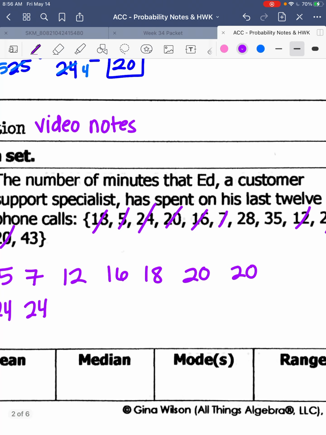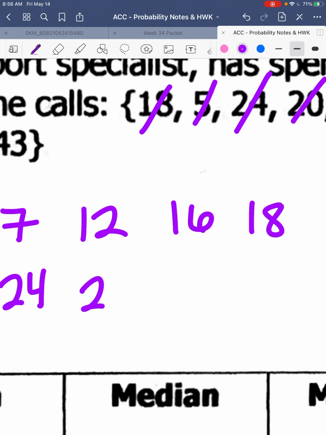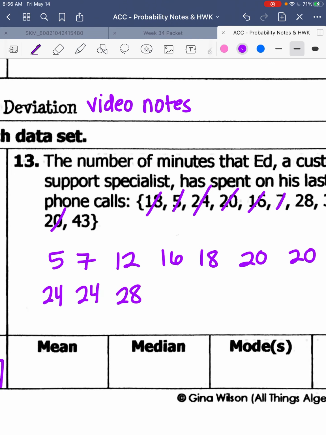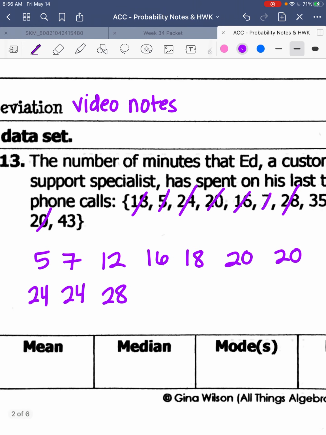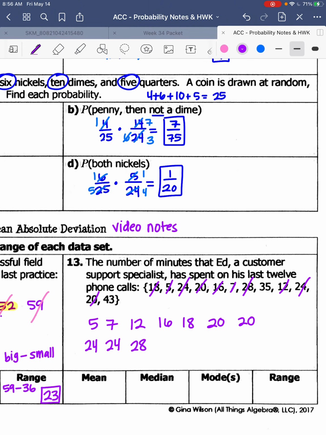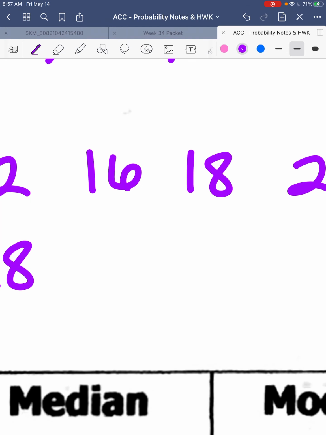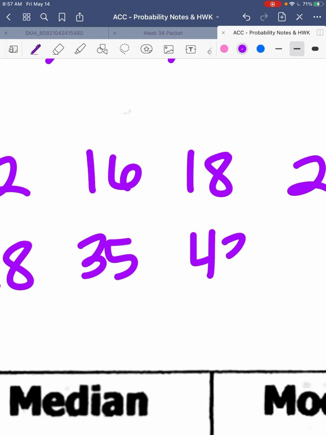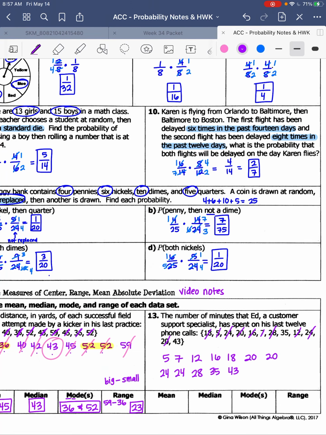Then I see a 28, a 35, and a 43. Okay, so I've got all of my data in order. 5, 7, 12, 16, 18, 20, 20, 24, 24, 28, 35, and 43.